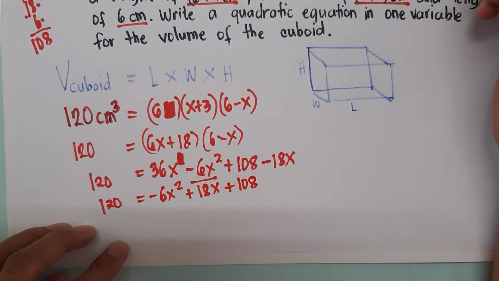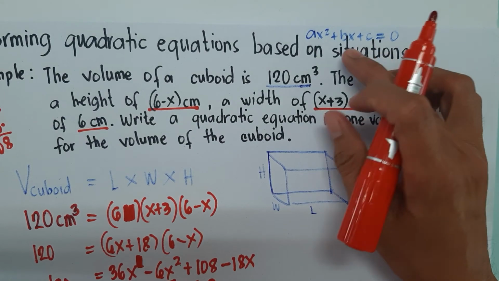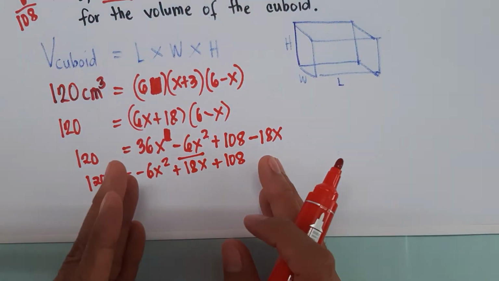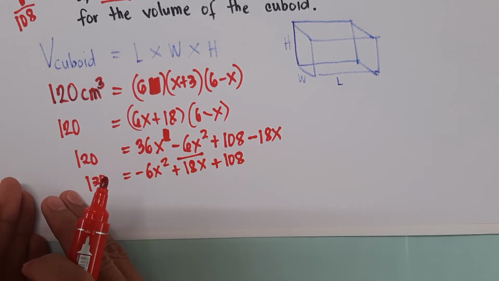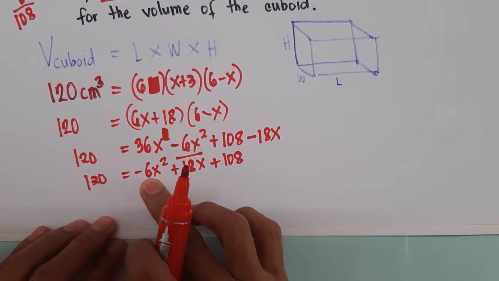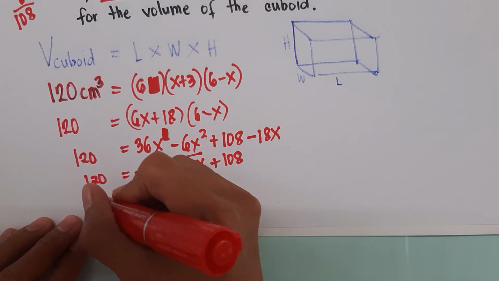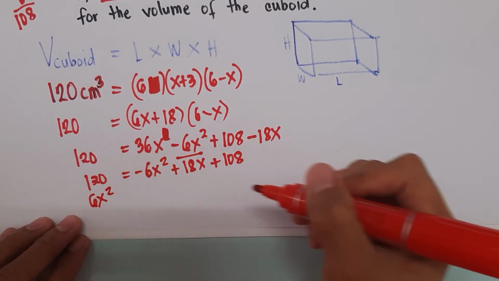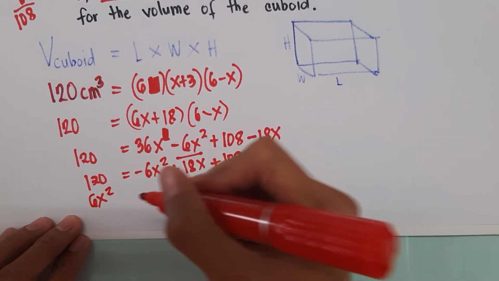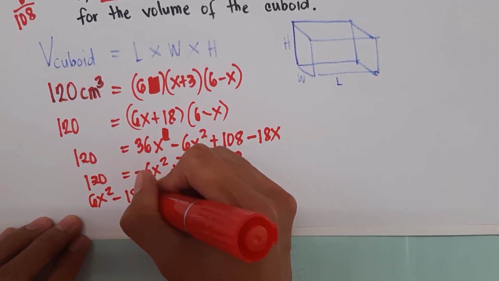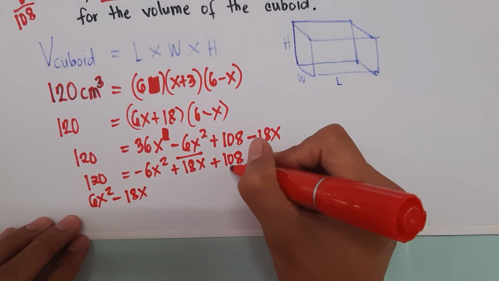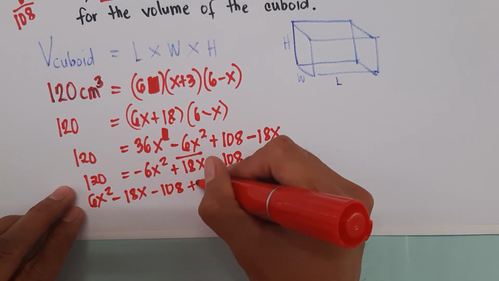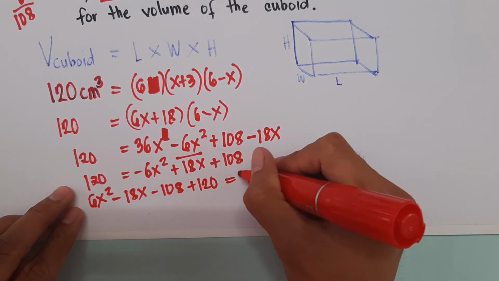And now to make it in the form of ax squared plus bx plus c equals 0, we have to rearrange them where the x squared is first, and also it can be positive, so we move it to the left. So negative 6x squared becomes 6x squared, minus 18x, then minus 108, plus 120 is equal to 0.